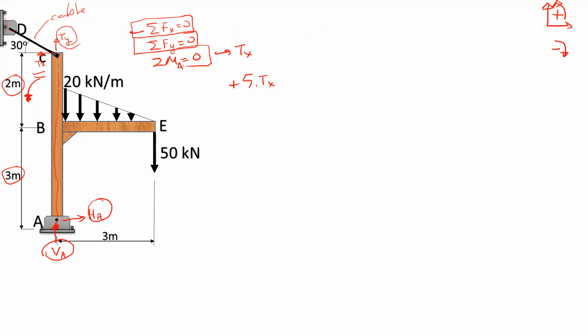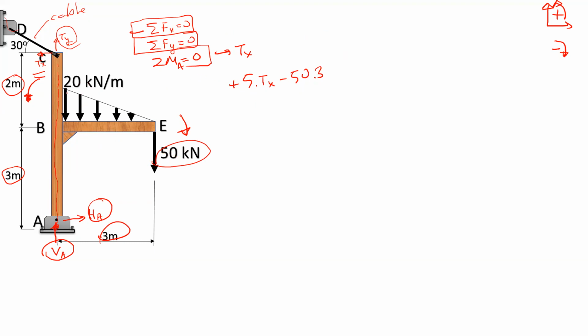And we have a point load here, 50 kilonewton, and the total distance between point A and the point load is just 3 meters, and it's causing a clockwise rotation on the system, so it's a negative one. So 50 times 3 meters is that term, and we have only the triangular load left.